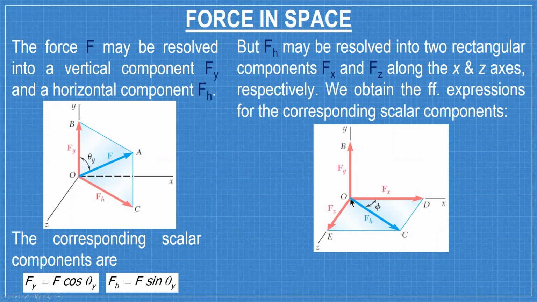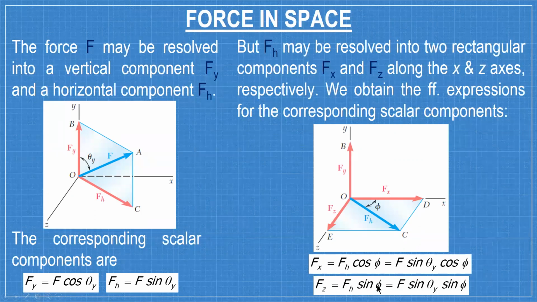For this triangle OCD, Fz is the opposite side, while Fx is the adjacent side. Fx is Fh cosine phi, and you replace the expression of Fh, F sine theta y, so Fx is F sine theta y cosine phi. And then Fz is Fh sine phi, which equals F sine theta y sine phi.